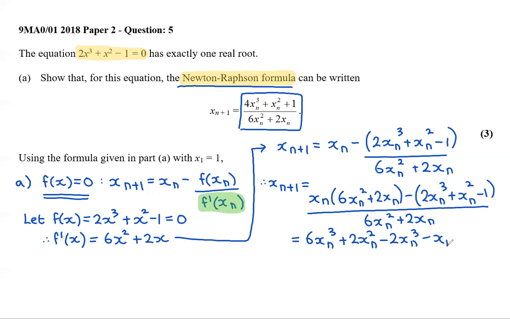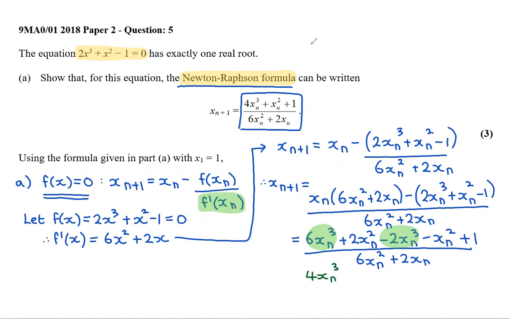Subtract xn squared plus 1, because we have a double negative, all over same denominator, 6xn squared plus 2xn. Now, collecting like terms in the numerator, we have 6 lots of xn cubed. Let's take away 2 lots of xn cubed. So that's going to give me 4xn cubed. So looking good so far.